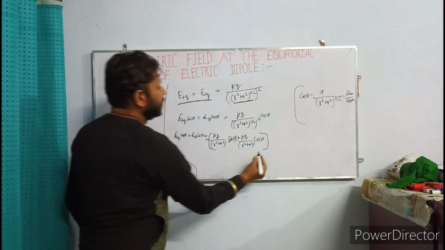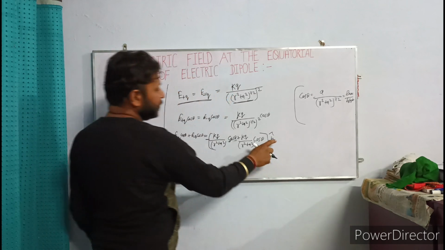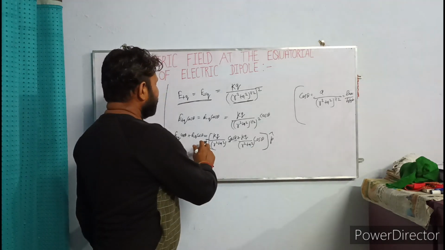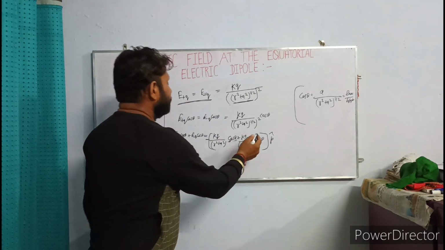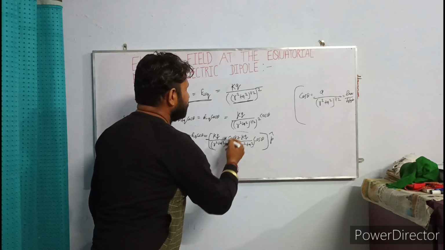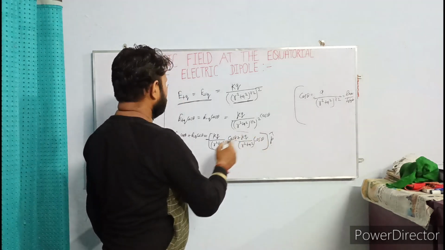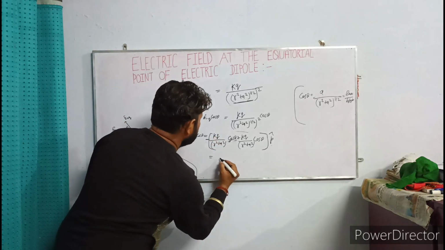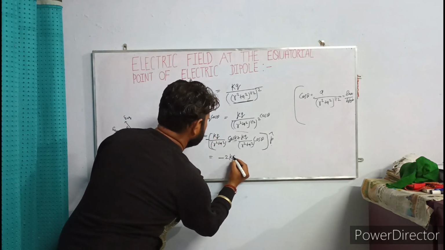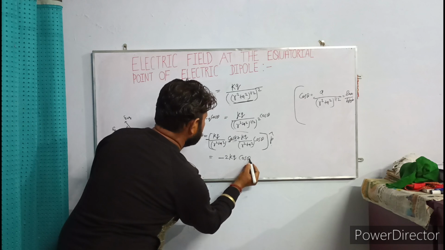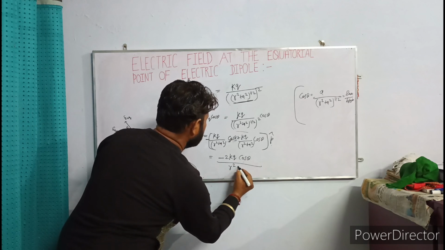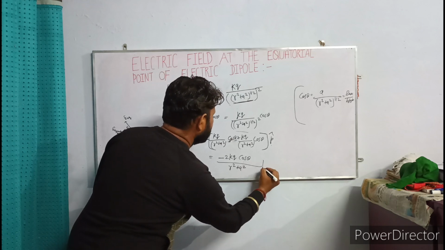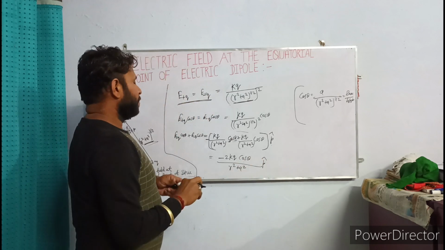Okay, students, it is the unit vector that shows the direction of the dipole moment, and we have taken the minus, which means its direction is opposite to the direction of the dipole moment. So it equals minus 2kq cos theta upon r square plus a square, unit vector.